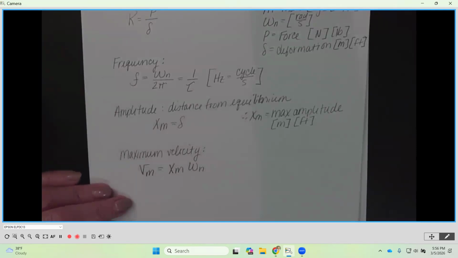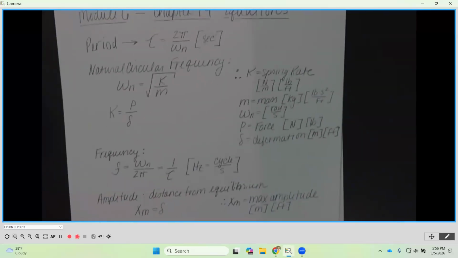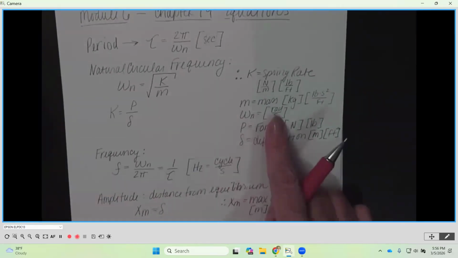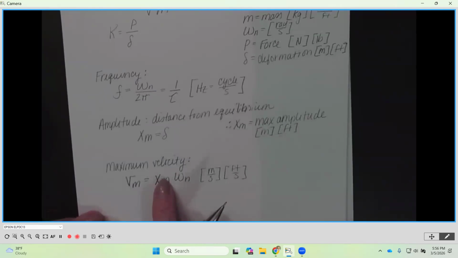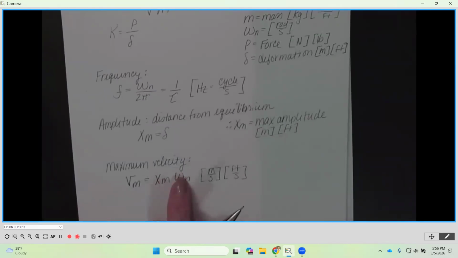Now we know velocity to have units of meters per second and feet per second, so those are the units we're expecting. And it makes sense because this is in meters or feet multiplied by radians per second, so it's meters per second, or feet per second.